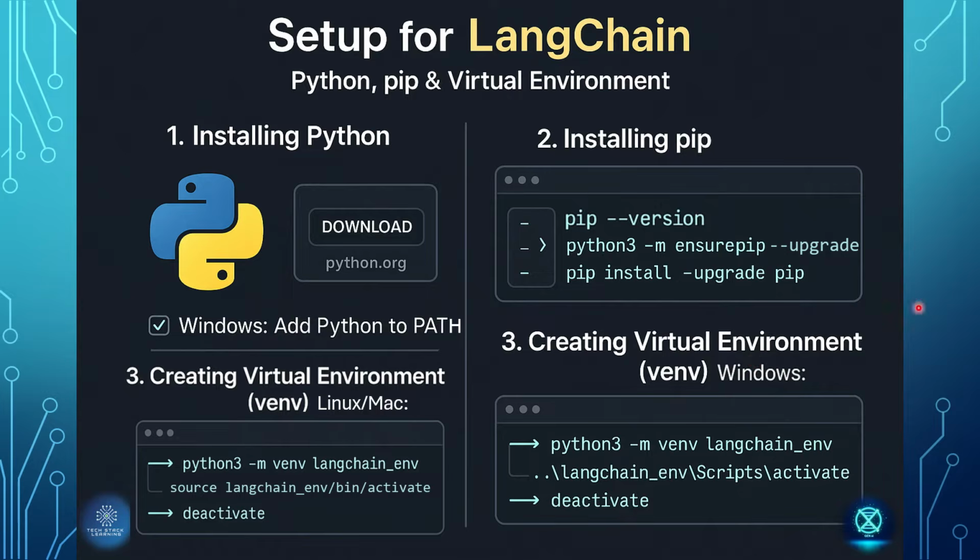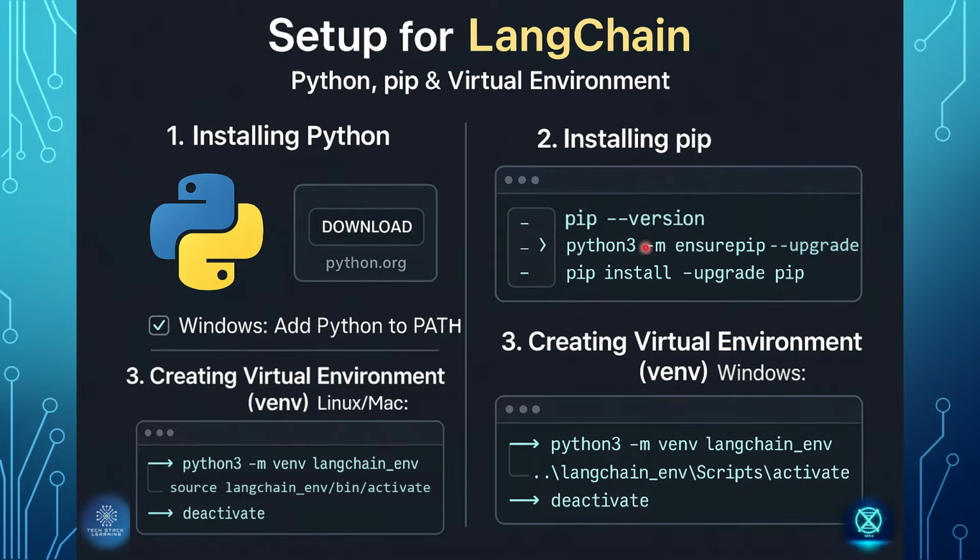The second step is installing pip. Pip basically comes bundled with Python 3.4 plus versions, right? You can verify if it is already installed with pip --version, and assume if something is missing or you need to install it manually, right?